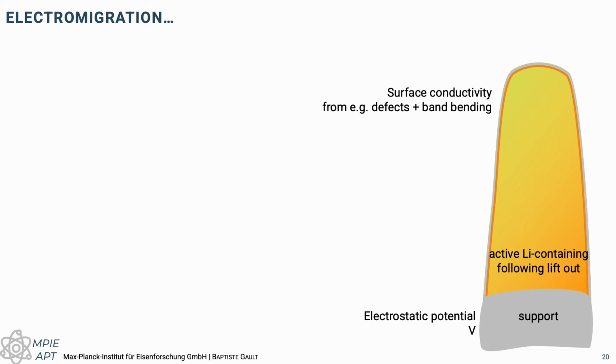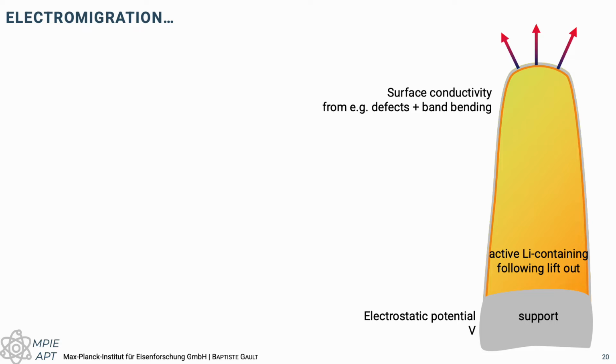If we consider again this configuration of the specimen, what we always expect when we're analyzing non-conductive materials is that the surface defects, combined with the bending of the bands associated with the intense electrostatic field that we apply, will provide enough surface conductivity to shield the penetration of the field over a substantial distance.